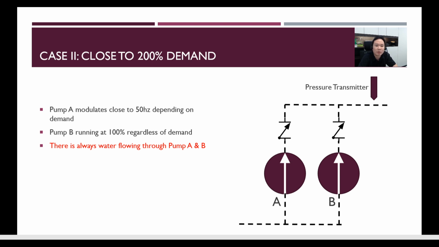Pump B you can't control because it's always 100%, and pump A will always modulate close to 50 Hertz, which is the maximum speed, because as I said, it's close to 200% demand. So in the first two cases, the system works fine.